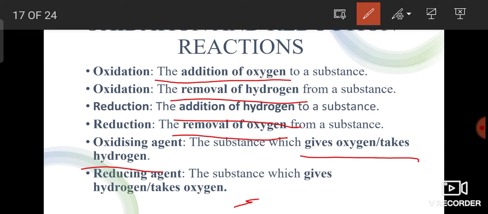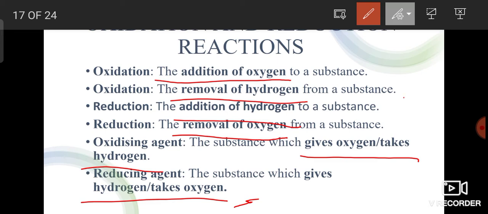In both these cases you are referred to as oxidizing agent. And the next and the last one is reducing agent. Reducing agent is the substance which gives hydrogen and which takes oxygen. So oxidizing agent is actually just opposite of reducing agent.